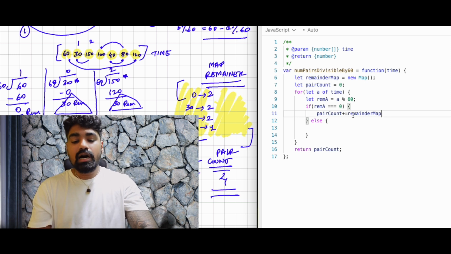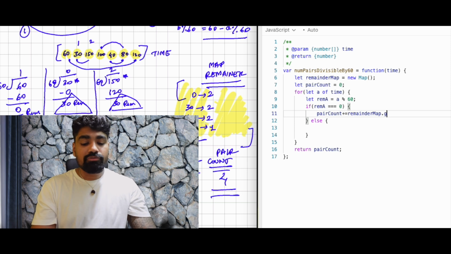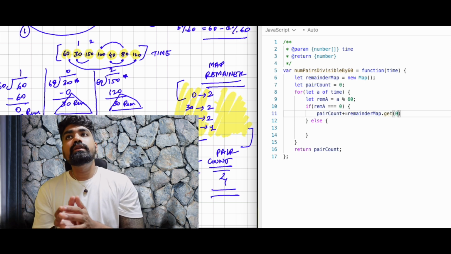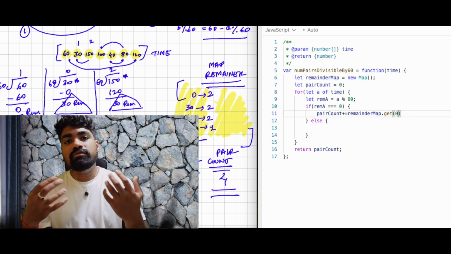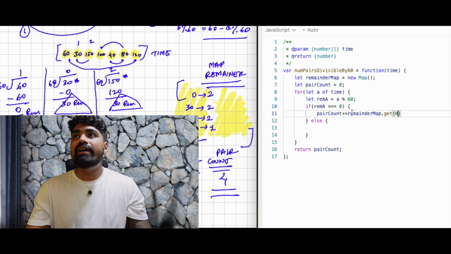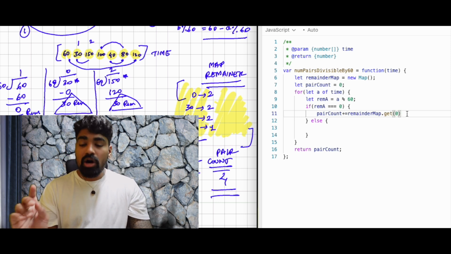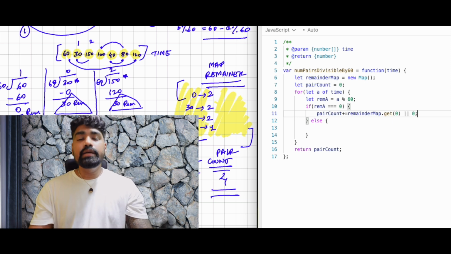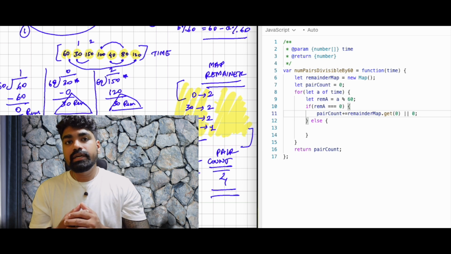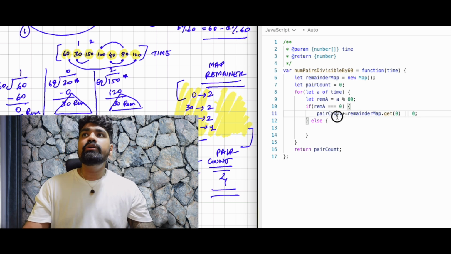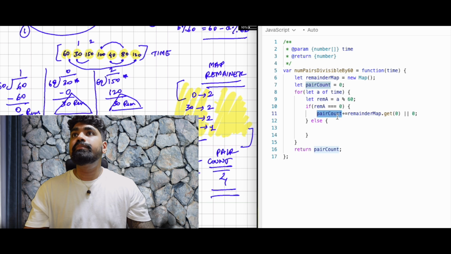So I will just say against the remainder map of 0 that we have, whatever value you have, just add it up. So you get the value and add it up, or you just default to 0 in the first initialization case that you have. Otherwise, with your count, the value will just get added up.